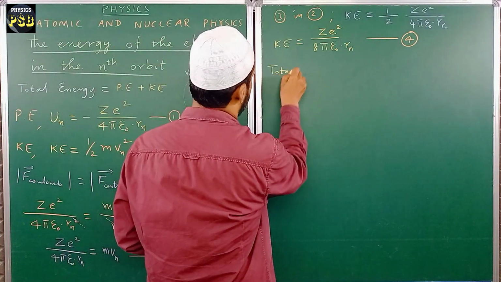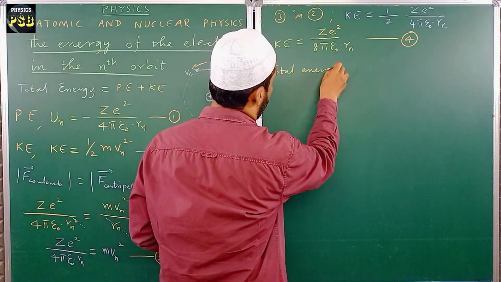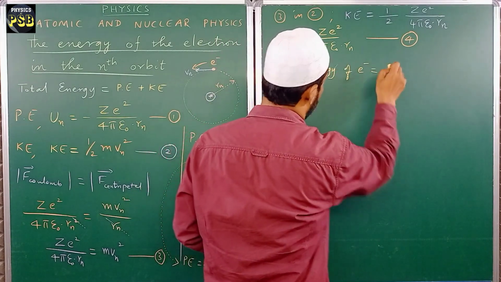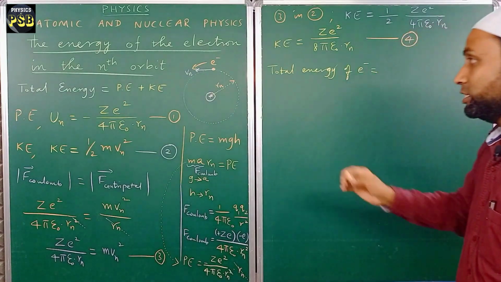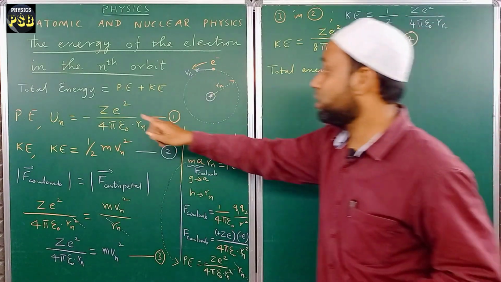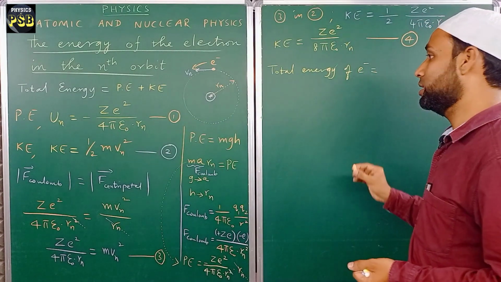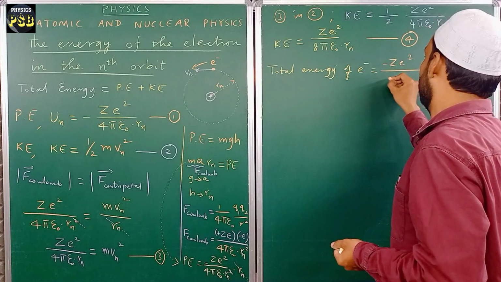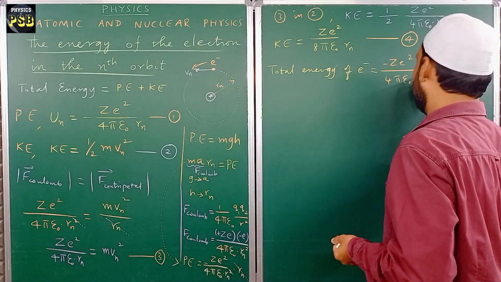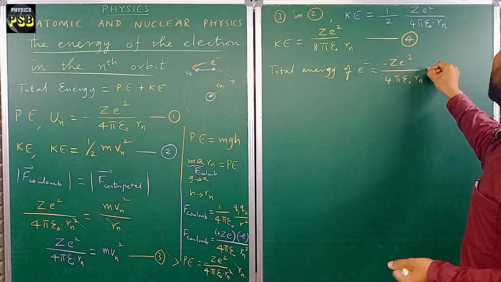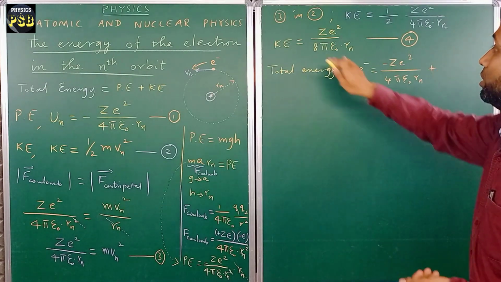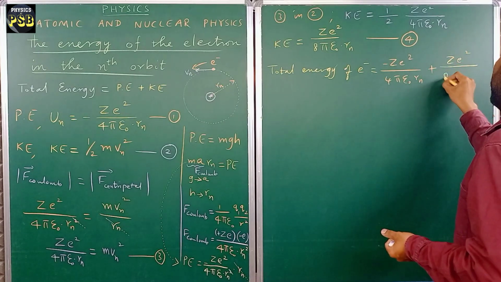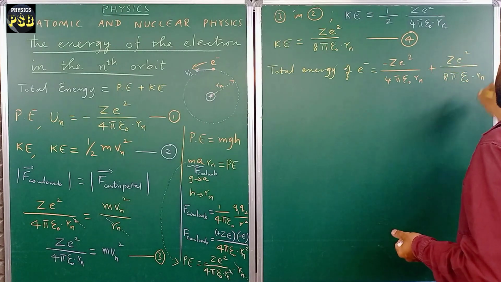Total energy of the electron is obtained by adding these two. First, I'll substitute the value of potential energy. What is that? Minus Ze² upon 4πε₀ Rn, plus the value of kinetic energy, Ze² upon 8πε₀ Rn.